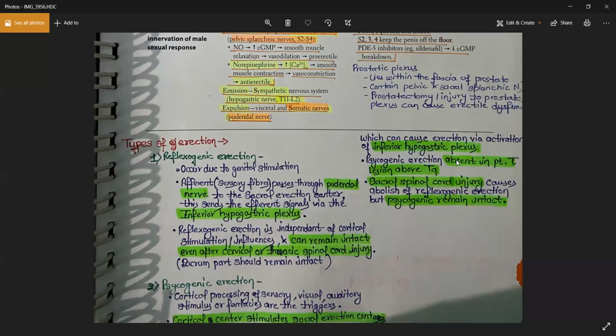When the lesion happens above T9, that means in the thoracic or cervical portion of the spinal cord, you will have a loss of psychogenic erection, but the reflexogenic erection will be normal. If you have damage in the sacral portion of the spinal cord, you can still have the psychogenic erection, but you won't have the reflexogenic erection.